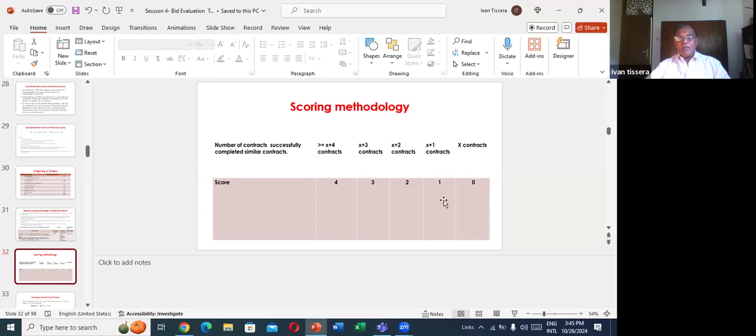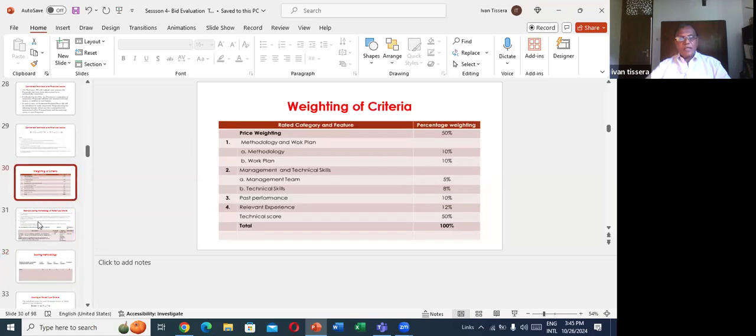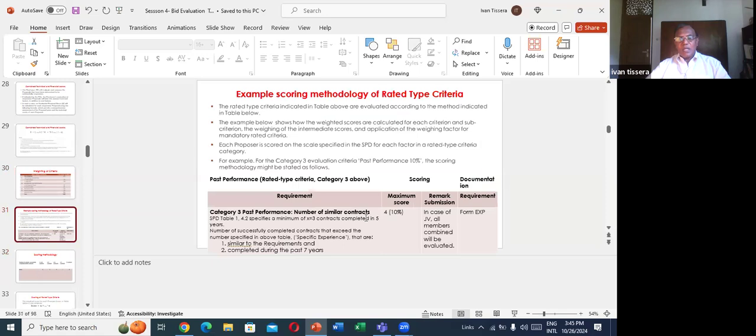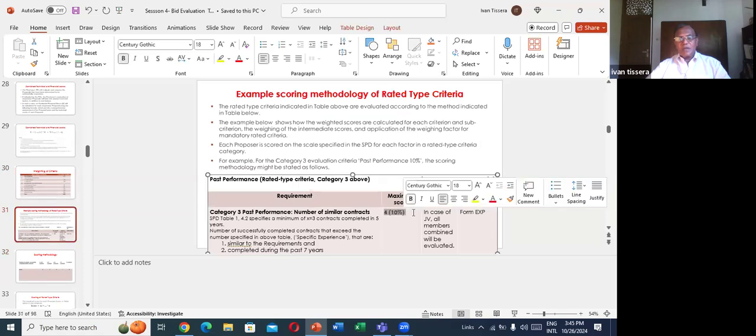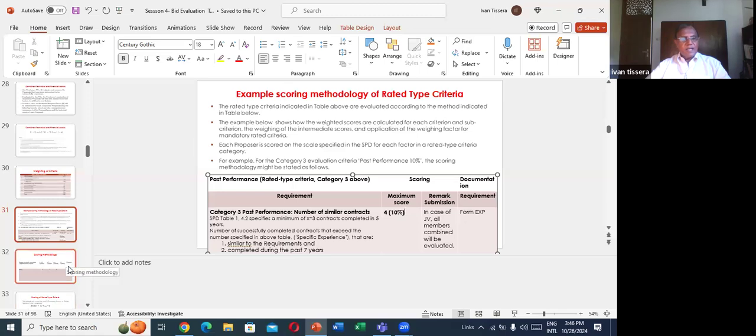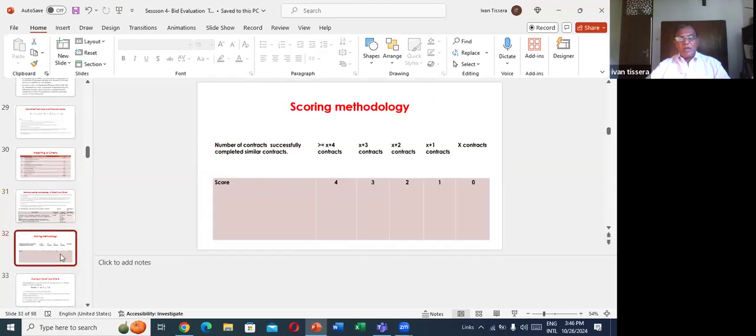If completed 1, 1 mark; 2, 2 marks; 3, 3 marks; 4 or more, 4 marks. That's how they have given 4 marks here, right? They have allocated marks. Then, based on the proposal, we'll have to allocate marks accordingly.